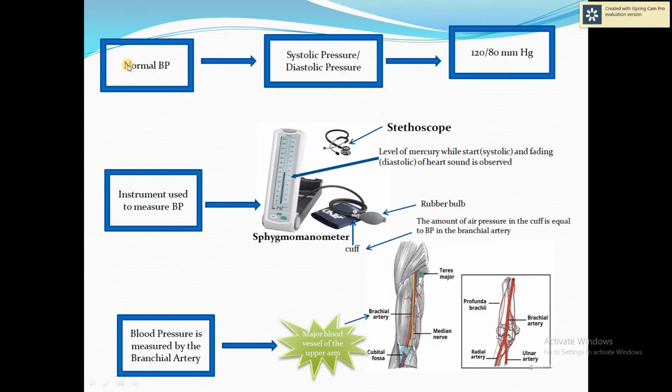Let us talk about the normal blood pressure, which is systolic pressure by diastolic pressure, and which is normally 120 by 80 mmHg. Let us take an example. The ideal blood pressure is considered to be between 90 by 60 mmHg and 120 by 80 mmHg.